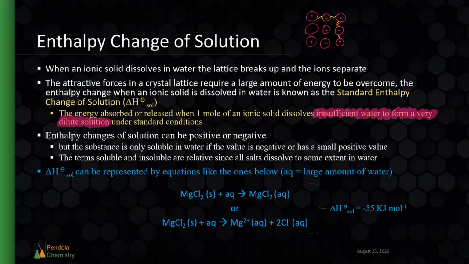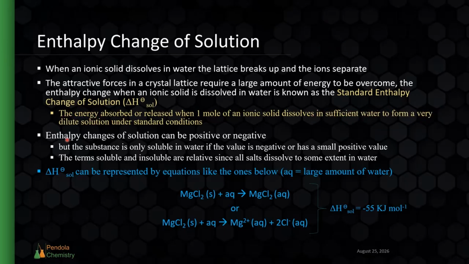This is necessary because if it's concentrated, that will change the energy absorbed or released, or the enthalpy change, and so it wouldn't be enthalpy change of solution anymore. So make sure that when you're doing this definition, you include that in sufficient water to form a very dilute solution in your definition.